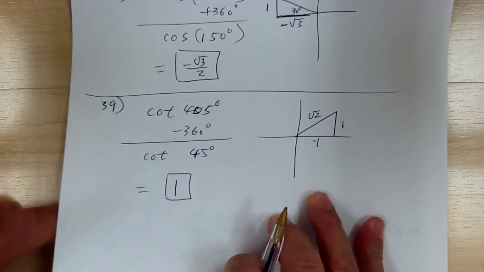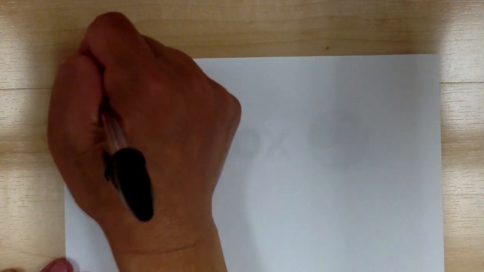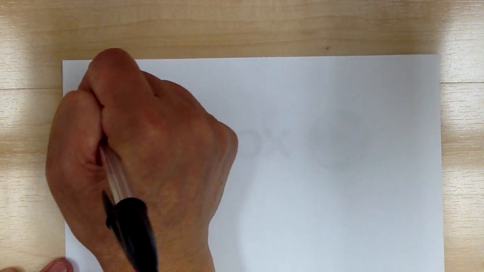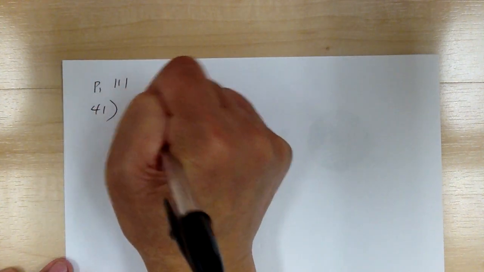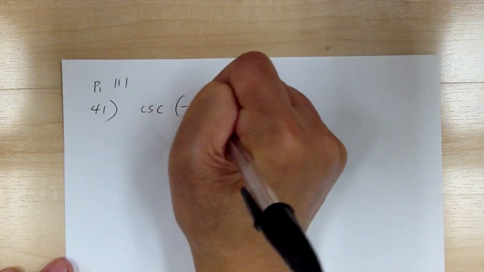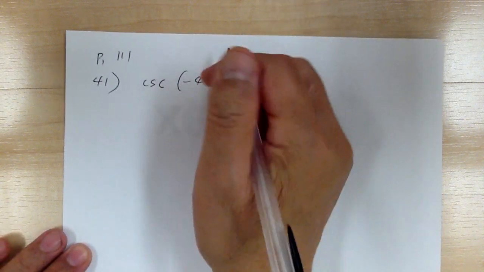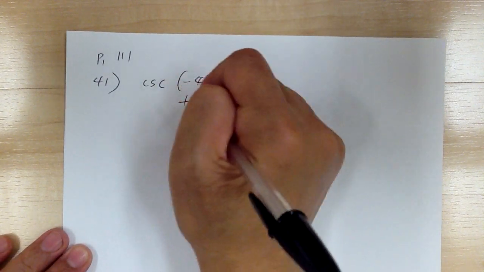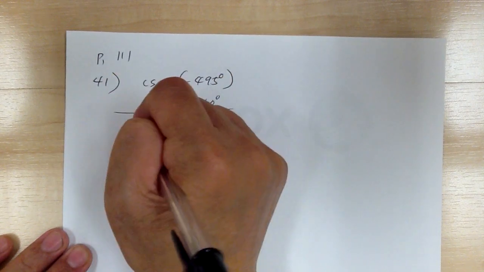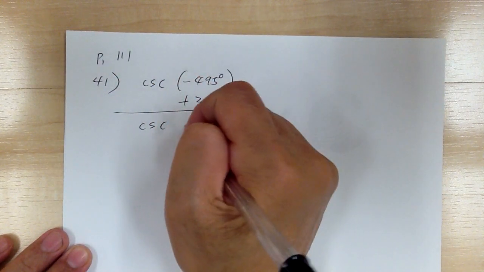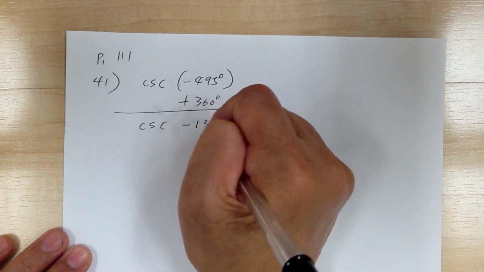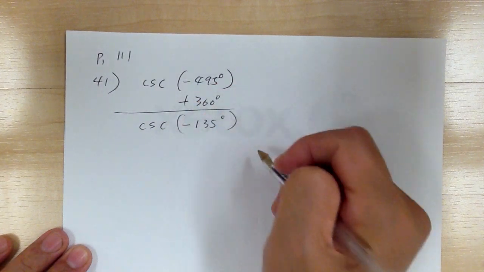Okay, let's go to number 41. You've got cosecant of negative 495 degrees. I'm going to add 360 to get a better angle. So this one would be negative 135 degrees.